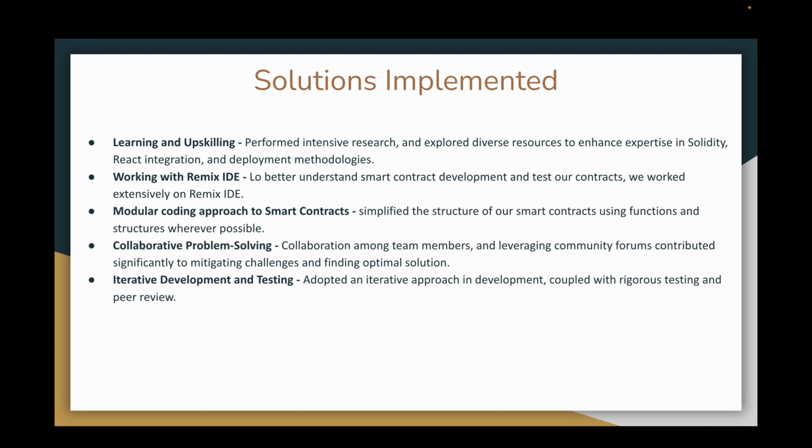There was also the collaboration effect, where all team members came together, which helped a lot with solving problems, pair programming, and those kinds of things. And last but not least, iterative development and testing. As we kept testing our product, we caught some changes and bugs, and we would update them and have a new product ready for the next iteration of testing.